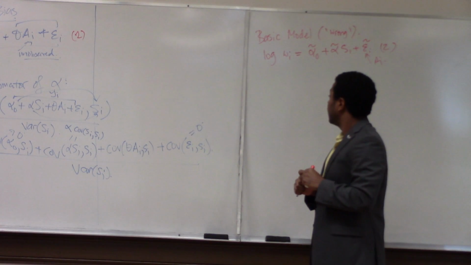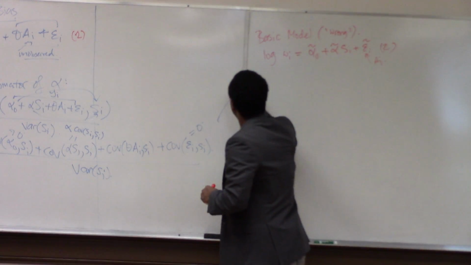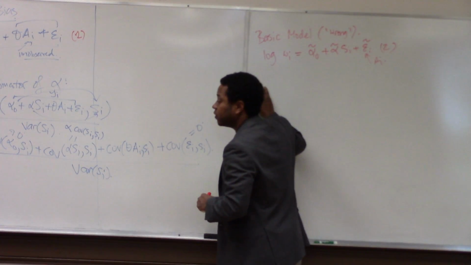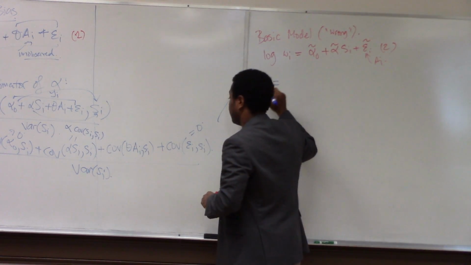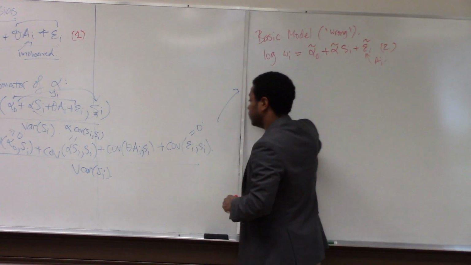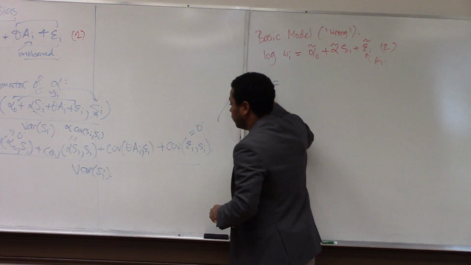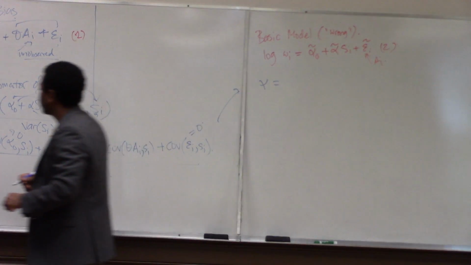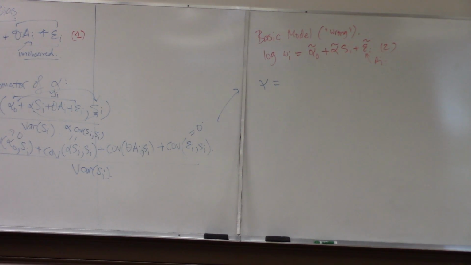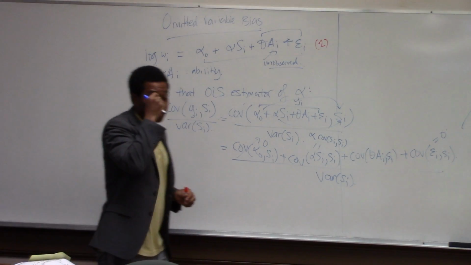Right? What we end up from here is that alpha is going to be equal to, let me call this alpha hat. This is going to be our estimator here, right?